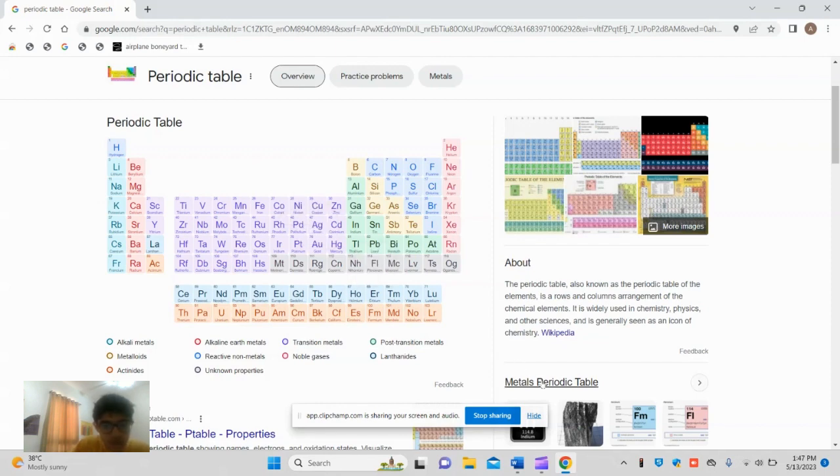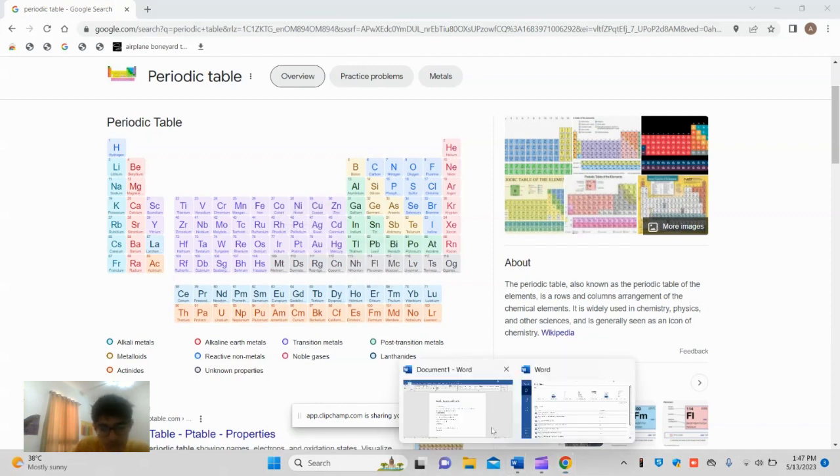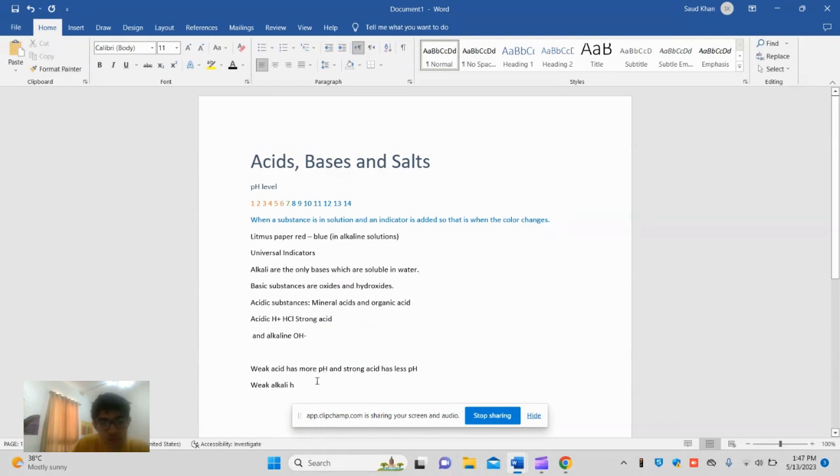Now, they're not alkali themselves actually. I forgot to tell you one thing: the oxides and hydroxides of them are alkali. For example, lithium oxide or lithium hydroxide is an alkali. We generally take just alkali in the whole base.